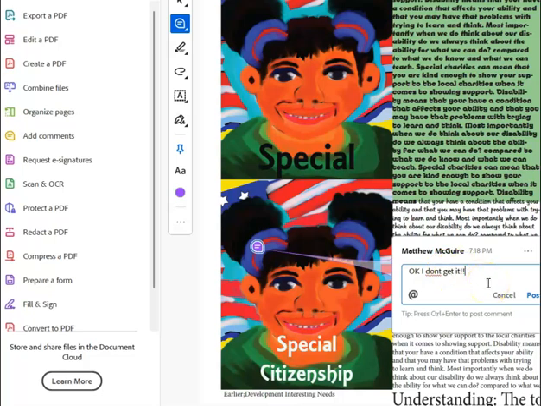So you can actually post feedback using that sticky note right there.